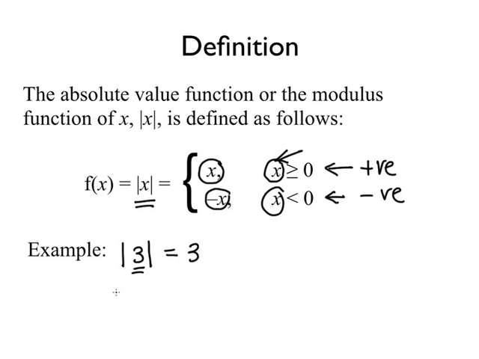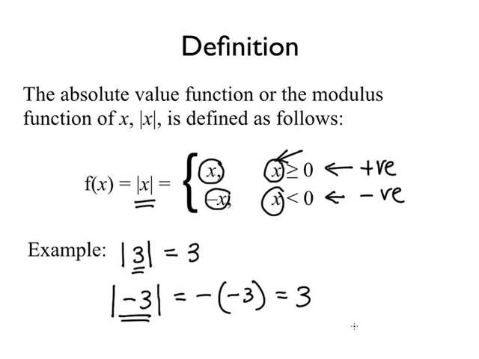But if I have a negative 3 in the absolute value function, I ask myself, is that value positive or negative? If that value is negative, this is what's going to happen. I'm going to put a minus in front of the negative 3 to give me the 3.